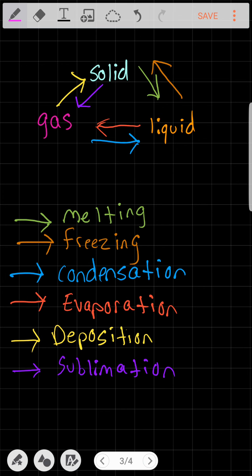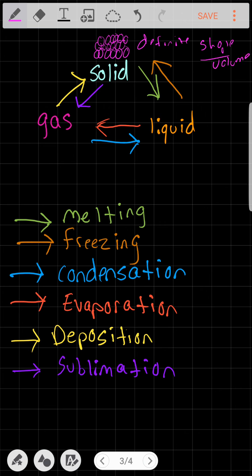Now, what these phases are referring to is just how close the atoms are to each other. That's all it's referring to. So in a solid, the atoms are going to be so close to each other they can't actually move. They're going to just be lined up next to each other. And because they are so close to each other, they have a definite shape and a definite volume.